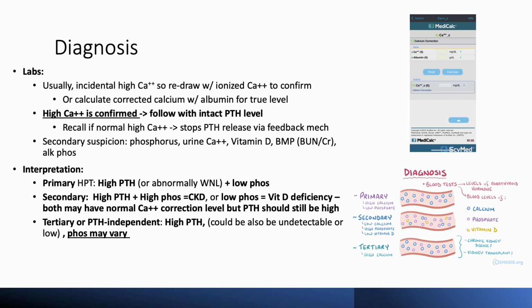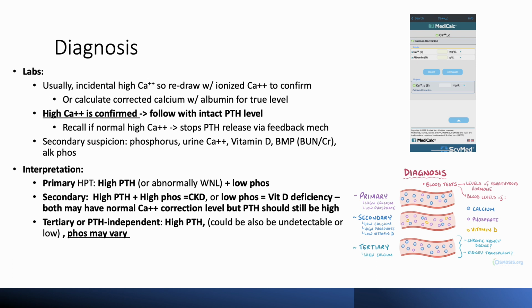So when you draw the blood, you have high calcium and high PTH, you know that you've got primary hyperparathyroidism, right? So always think of our secondary suspicions. So I would just draw a BMP, making sure we're looking out for renal insufficiency, BUN, creatinine, vitamin D levels, your urinary calcium levels, and phosphorus, okay?